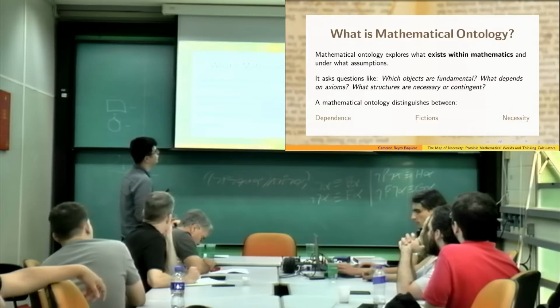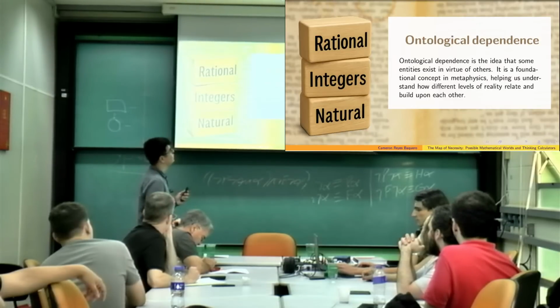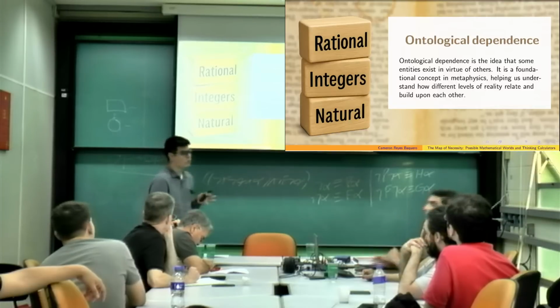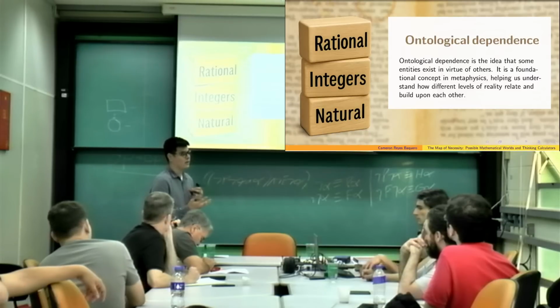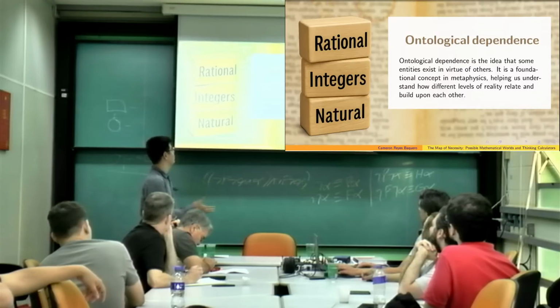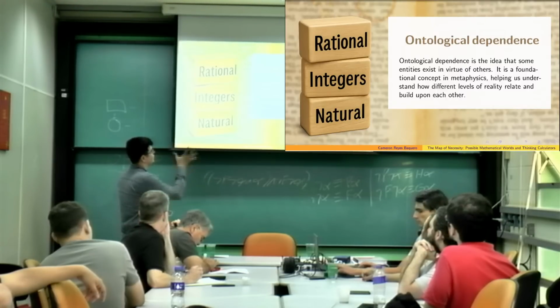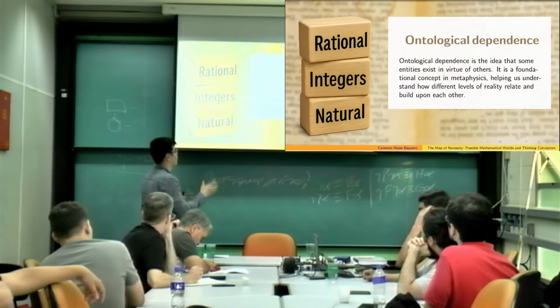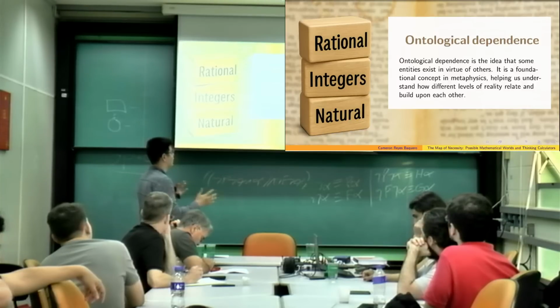For example, when we talk about ontological dependence in mathematics, we have to talk about worlds. A mathematical world is a snapshot of reality where something exists only in that world. I'm going to go into more detail next, but for example, natural numbers exist as the base, but if we have integers, there has to be a base for that, so we have natural numbers to cover that space.